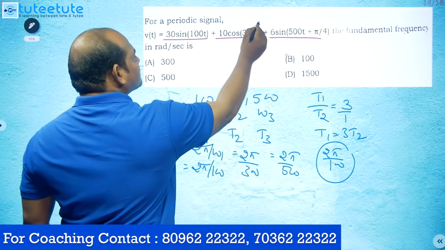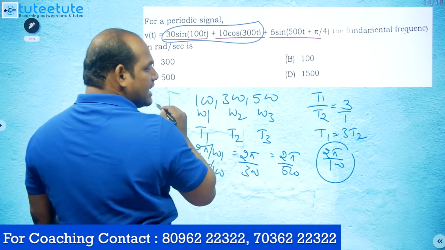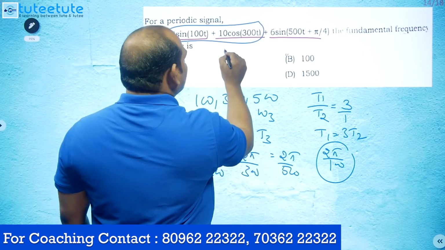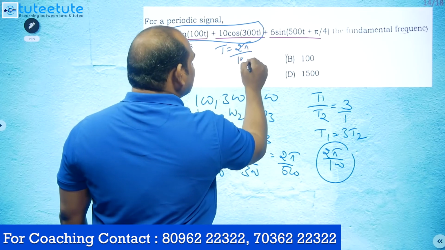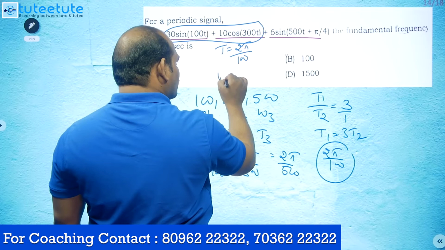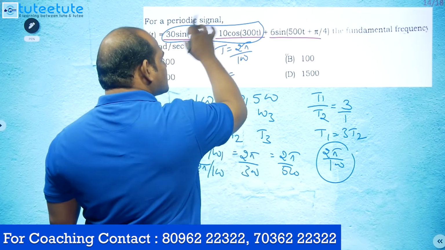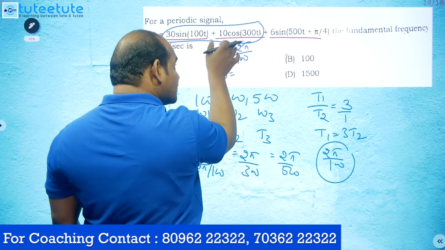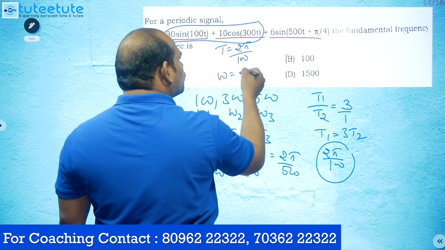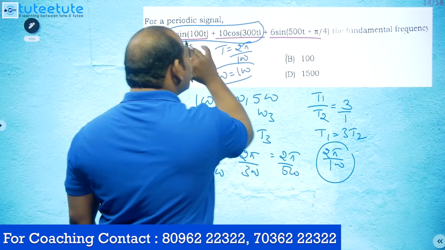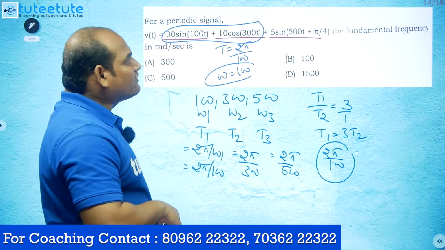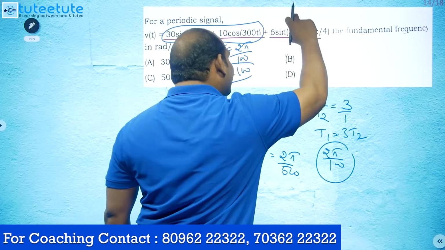That means for the first 2 terms we can say the time period is nothing but 2 pi by 100. That means what is this particular frequency? For these 2 terms only I am telling, the fundamental frequency is given by 2 pi by t, and 2 pi by t is nothing but 100 you will get. That means for these two, 100 is the fundamental frequency, and this 500 is also 5 times of 100.